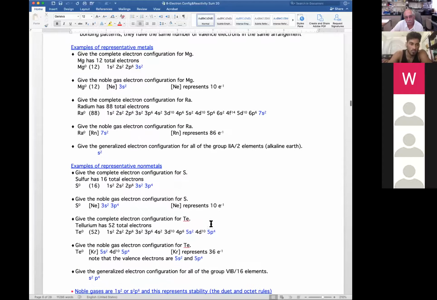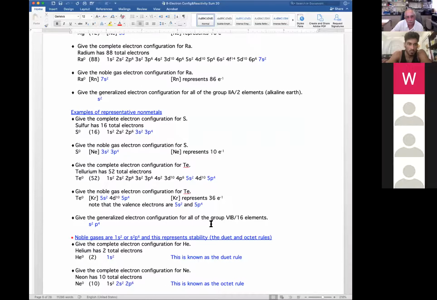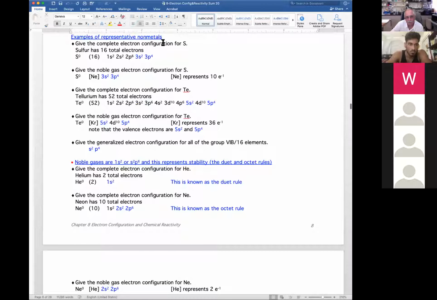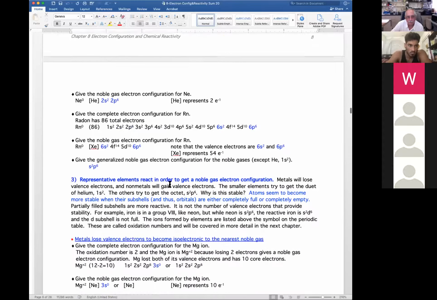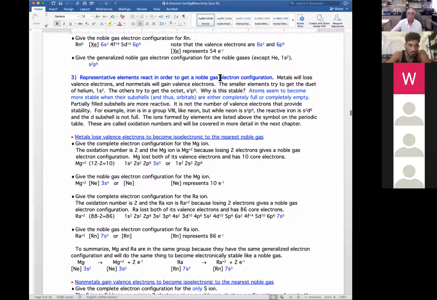So I gave lots of examples. Here's nonmetals, here's noble gases, and the representative elements react in order to get the noble gas electron configuration. They obey the rules that we've been talking about. So representative metals just simply lose all of their valence electrons.